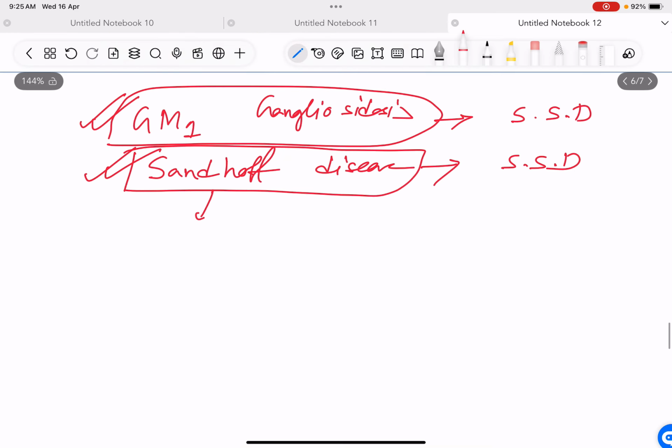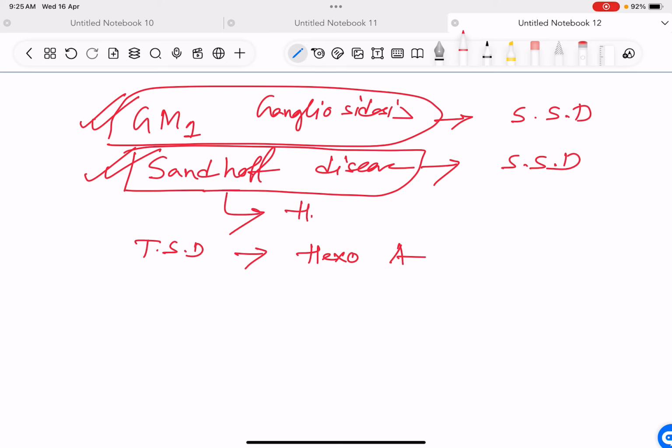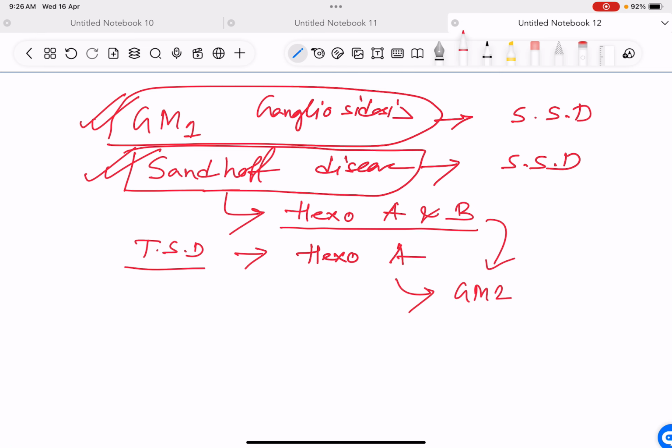So there is a similarity between Sandhoff disease and Tay-Sachs disease. In Tay-Sachs disease, it was deficiency of the enzyme, you recall, hexosaminidase A. But in Sandhoff disease, both hexosaminidase A and hexosaminidase B are defective, and as a result, just like Tay-Sachs disease, there is accumulation of GM2 ganglioside.